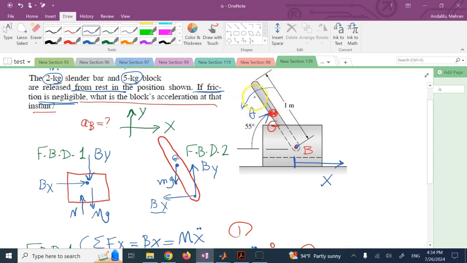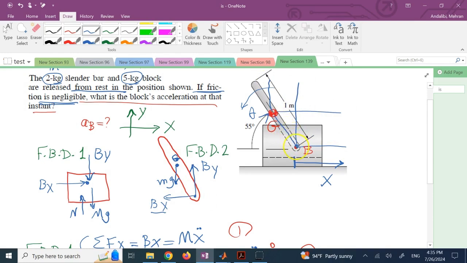So that's the actual direction of motion, and that's why I consider it positive. And if that's the case, then about G there are two forces that will create moment, and they are Bx and By, where for Bx it's this vertical distance, and for By it's this horizontal distance.